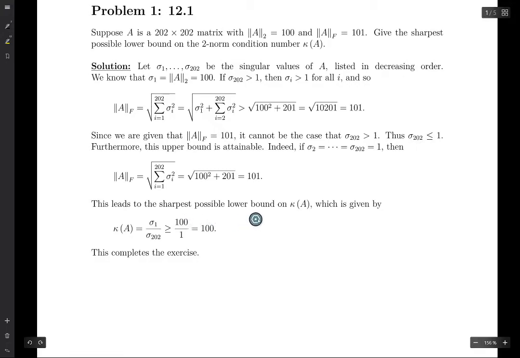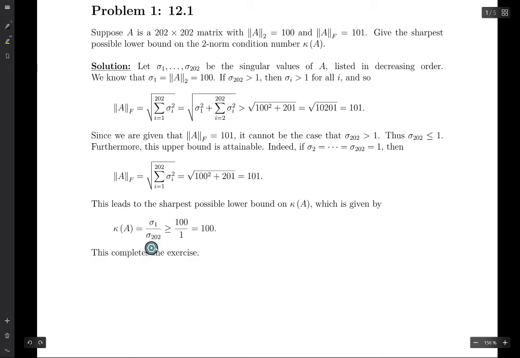And so this leads to the sharpest possible lower bound on kappa A. We know that kappa A, because this is a 2 norm condition number, is equal to sigma 1 divided by sigma 202. And since sigma 202 is less than or equal to 1, 1 over sigma 202 is greater than or equal to 1, and this inequality is sharp.